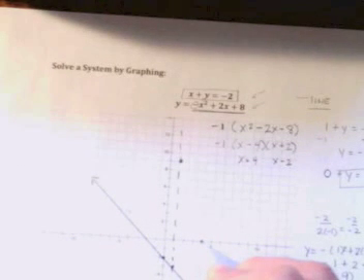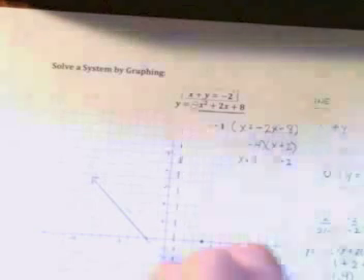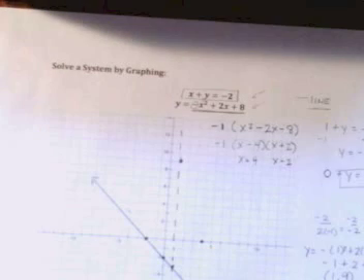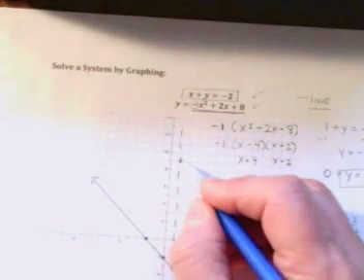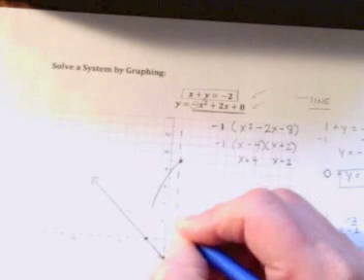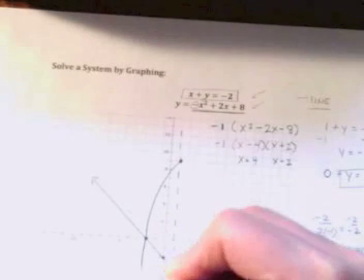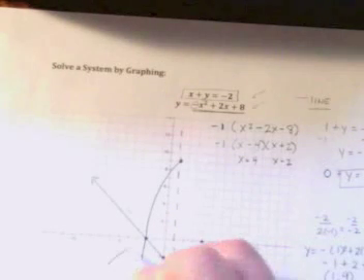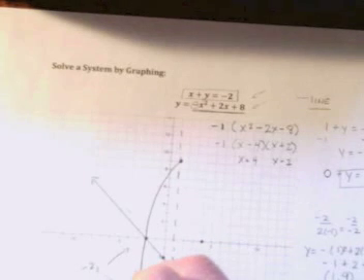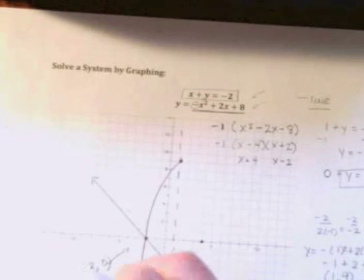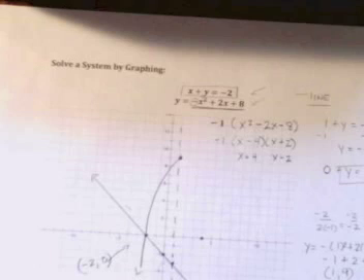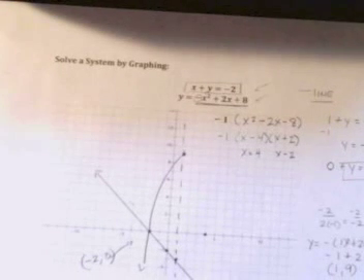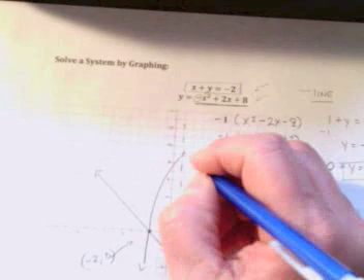So right there and right there. And now what I notice is that my parabola and my line both go through this point at (-2, 0). And that gives me a really big hint that that is probably one of my solutions.